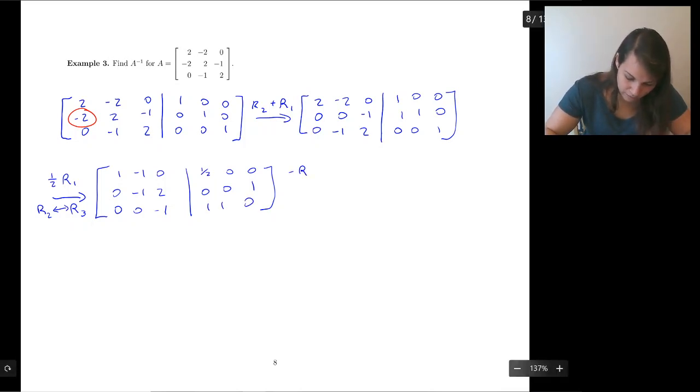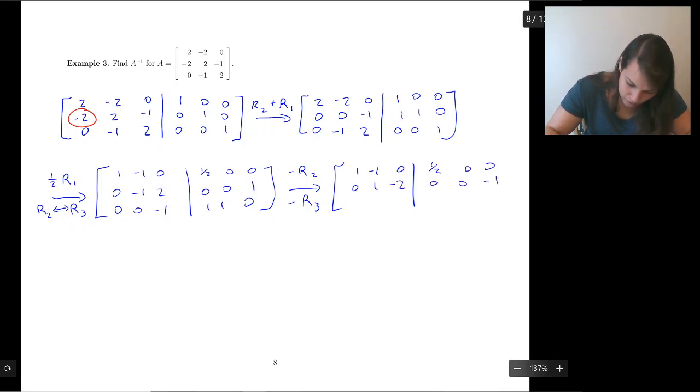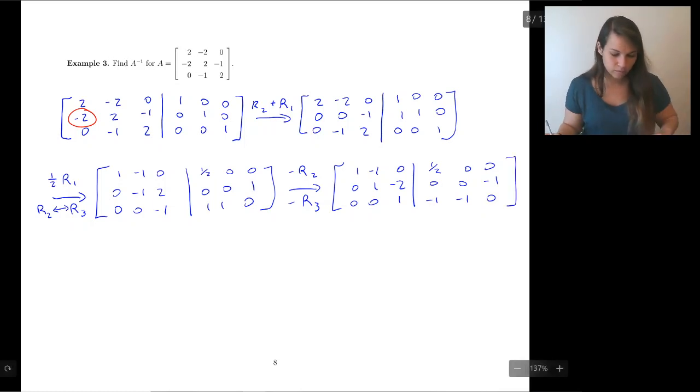I'm going to do negative of row 2 and negative of row 3 because I don't want to deal with the negatives. So row 1 stays the same. And now for row 2, it's 1, -2, 0, 0, -1, 0, 0, 1, -1, -1, 0. Okay. We're doing pretty good.